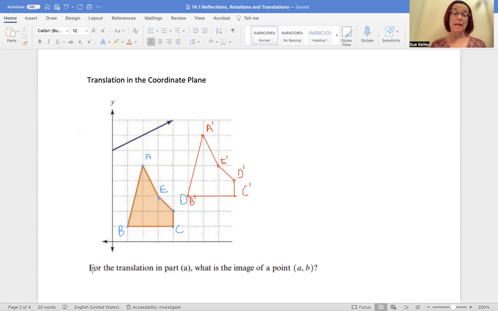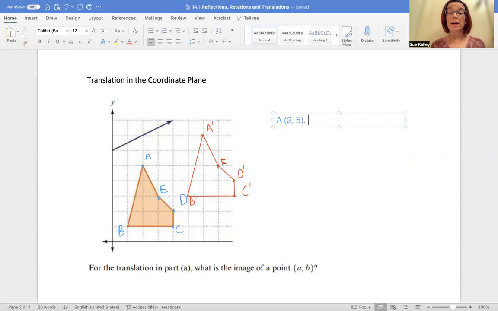Now, one last thing I want to look at is the differences between the points and their ordered pairs. So let's just take a look at some of these points. So for A, let me make it a capital A, my ordered pair here would be 2, 5.